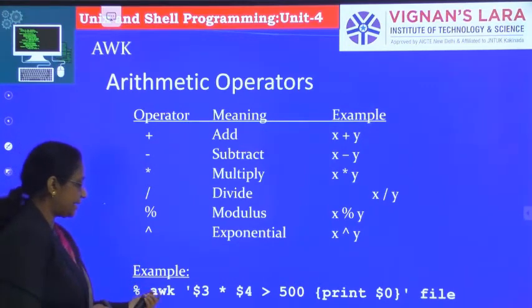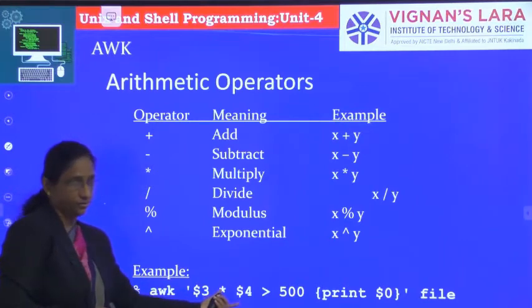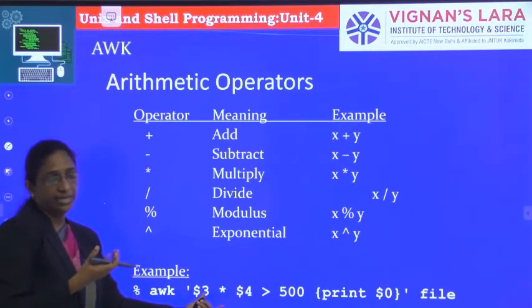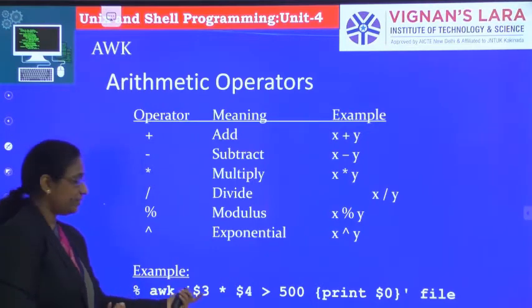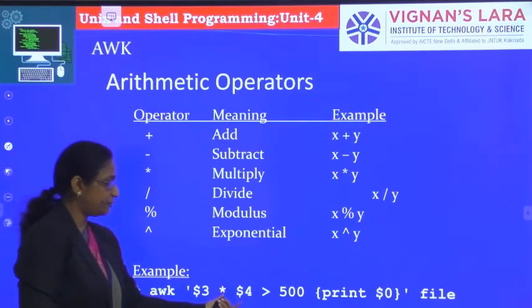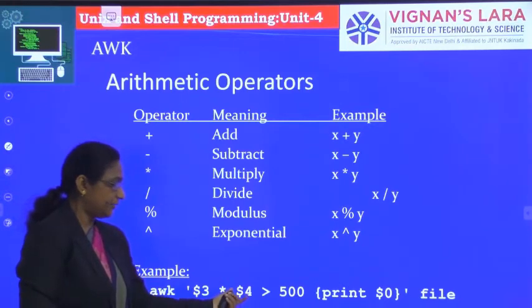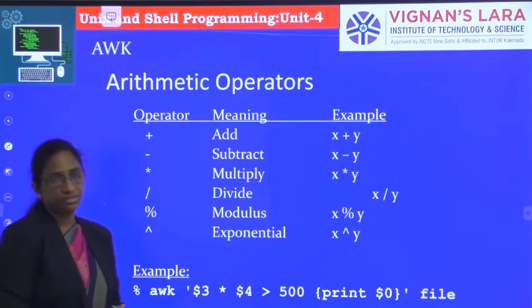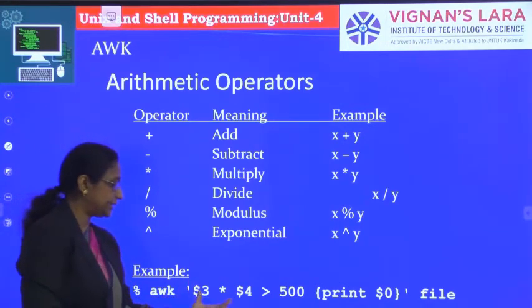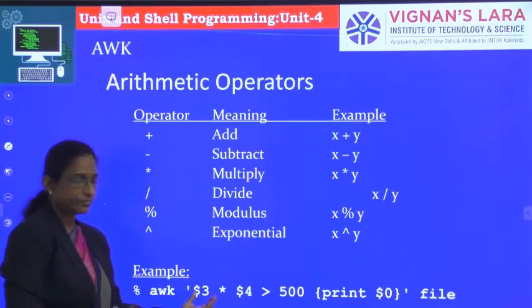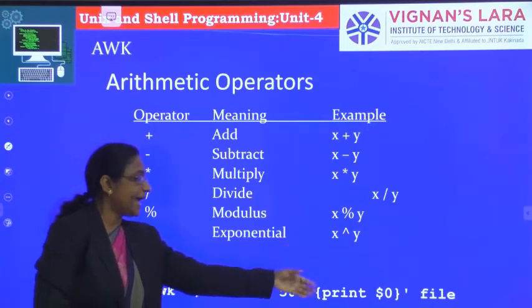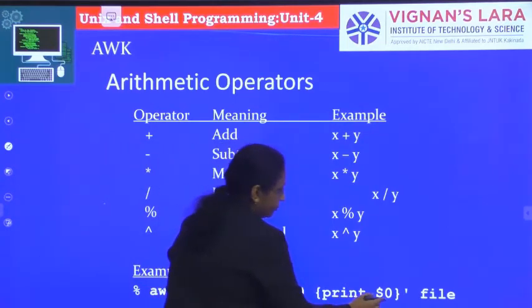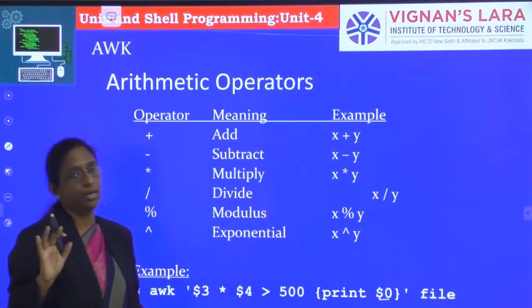For example, awk '$3 * $4 > 500 {print $0}'. It takes the third field and the fourth field and multiplies them. If that value is greater than 500, it prints $0, which means the whole line.